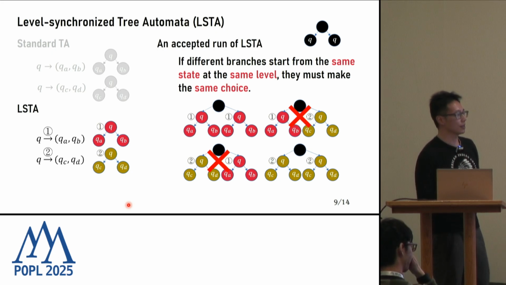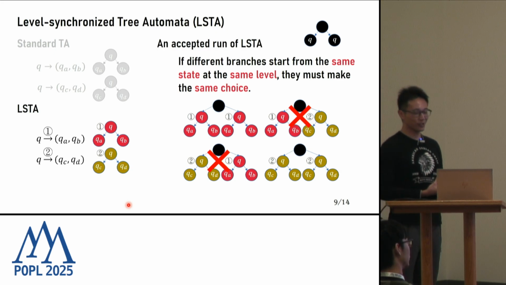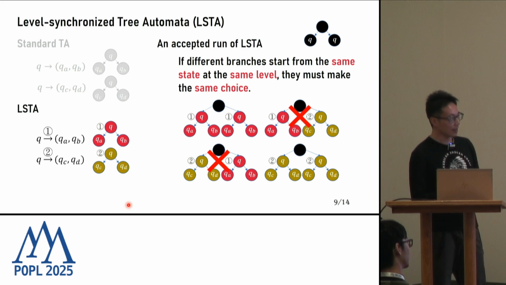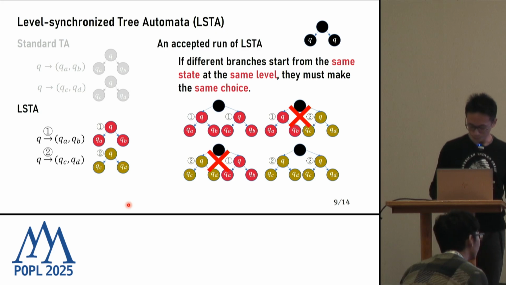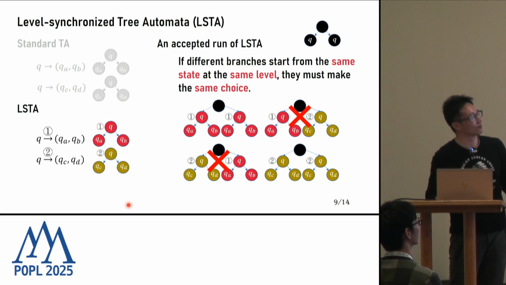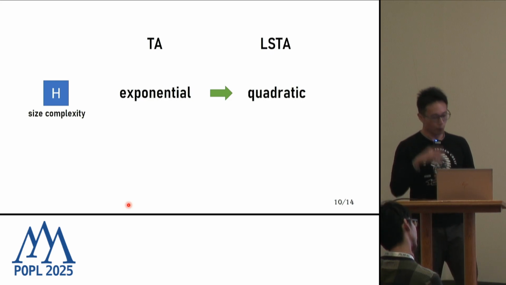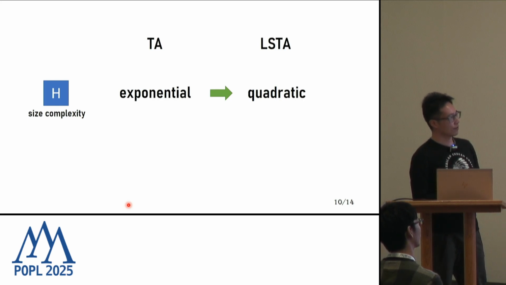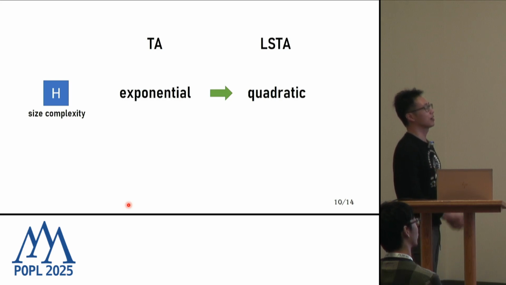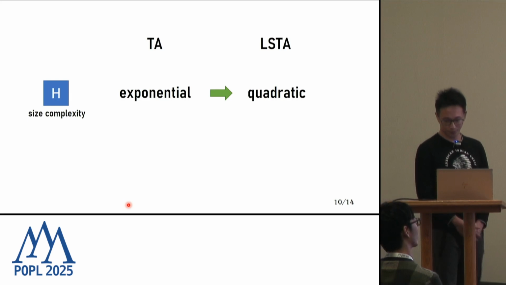As you can see, the result is that we perfectly synchronize different branches for every single run. I won't go into detail, but with the help of LSTA, we essentially improve the complexity of the Hadamard gate from exponential to quadratic.